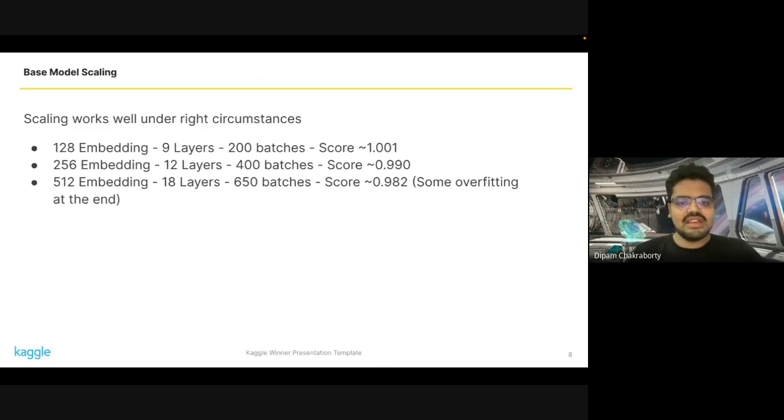Throughout the competition, I was not seeing any overfitting with the transformer and classifier setup. Only at the end, when I trained about 3.5 epochs on the entire data set, I see some overfitting.